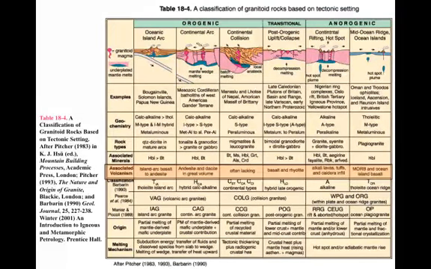This table has a lot of information, but I want you to focus on this area that I've just highlighted below. These are the same table at the very top that I showed you at the beginning. And what I want you to see is the kind of volcanism or the magmas that are generated at each of these settings. So in an oceanic island setting, we're getting basalts and andesites.